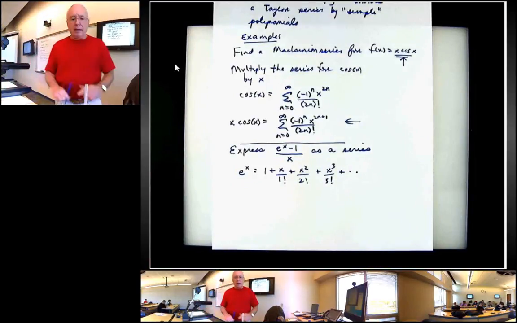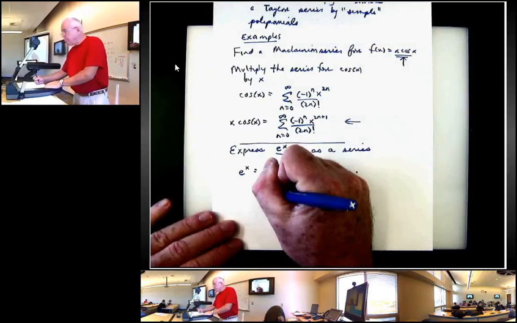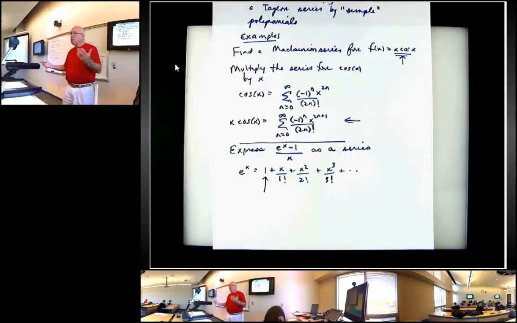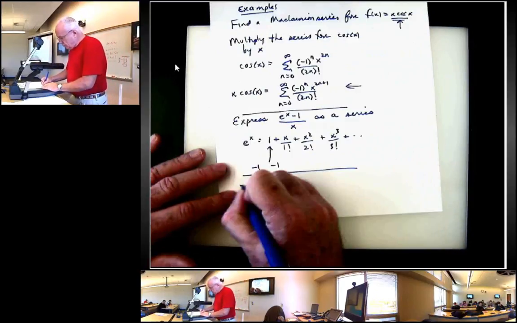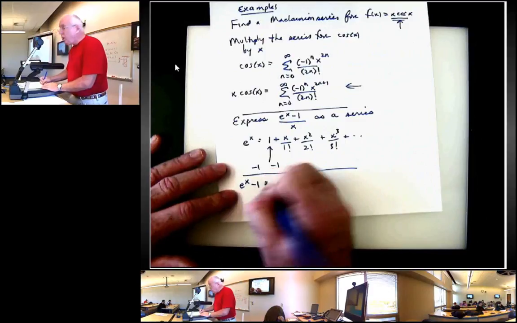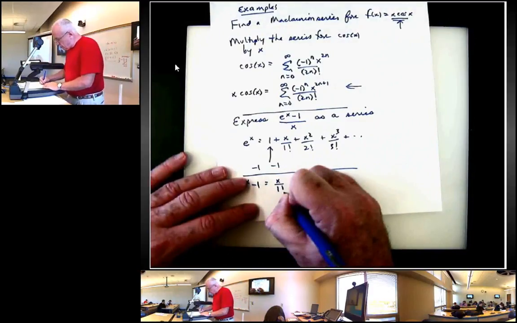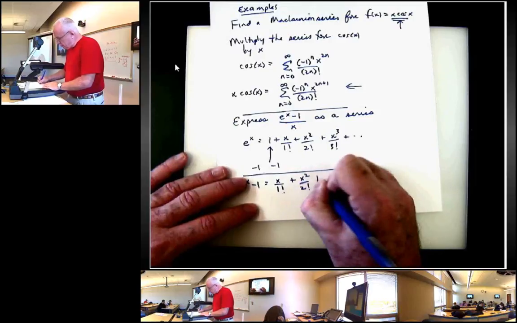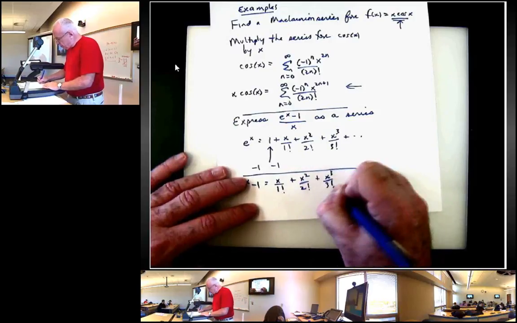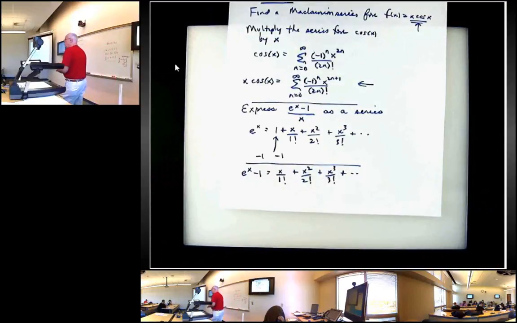So you see right there in the front of this summation is the number 1. So first of all, we just subtract 1 from both sides. And so we get e to the x minus 1 is then going to be the summation starting with the x over 1 factorial plus x squared over 2 factorial plus x to the 3 over 3 factorial, on and on like that. So that's, first of all, just what we've done.